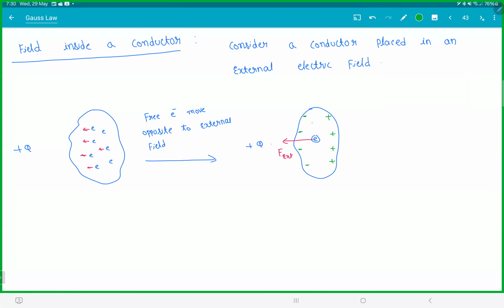If this electron tries to go to the left side, the electrons already sitting here will repel it, and the positive charges here will attract it. So they will create some force, F induced, in the opposite direction. You're getting it? So this is an intermediate stage. The moment you keep something, you won't suddenly get the charges; there's a slight delay in nanoseconds. So here there is a force on the electrons due to the induced charges.